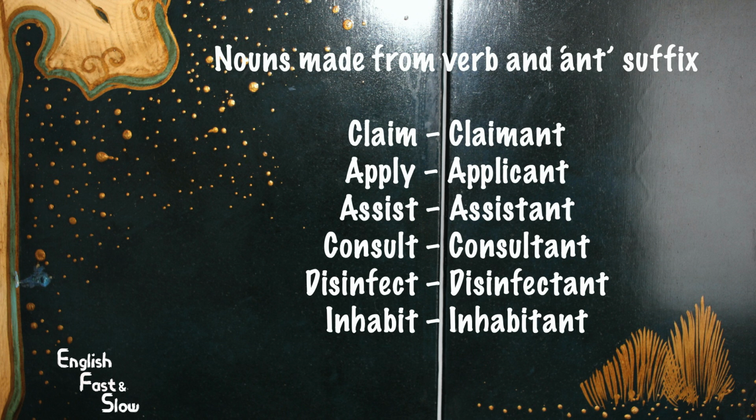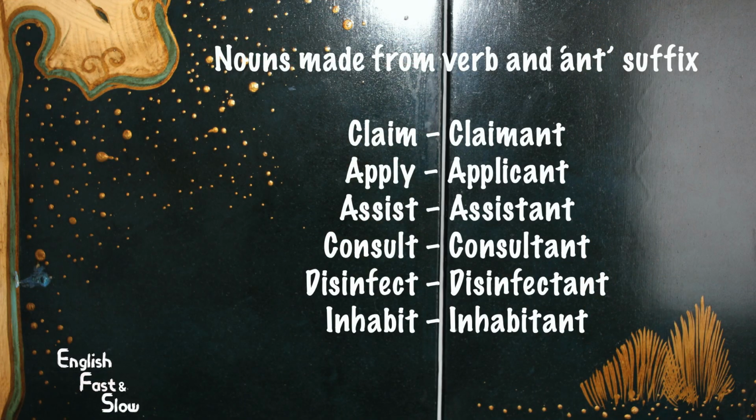And claimant isn't alone in this regard. In addition to claimant being built from the verb claim, we have apply, which gives us applicant, assist, which gives us assistant, consult, which gives us consultant, disinfect gives us disinfectant, and inhabit, which gives us inhabitant. So sometimes we have an ant suffix instead of an er suffix.